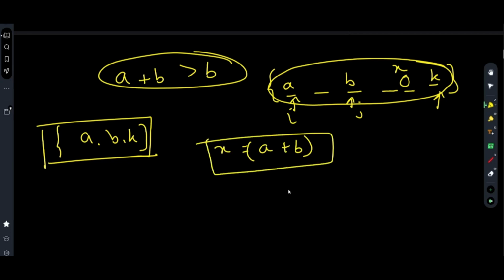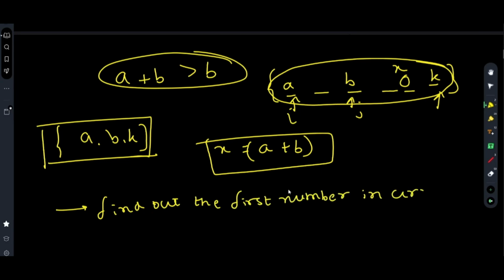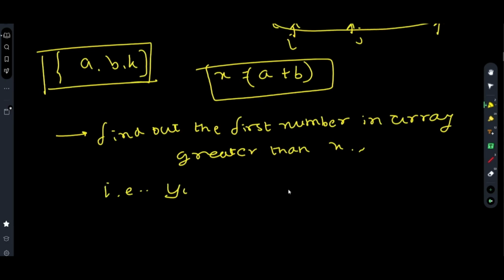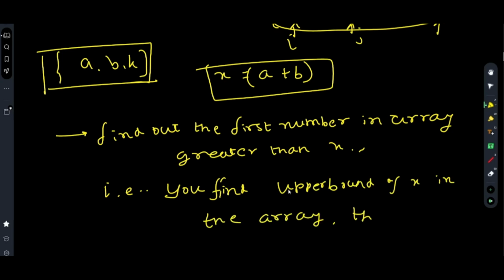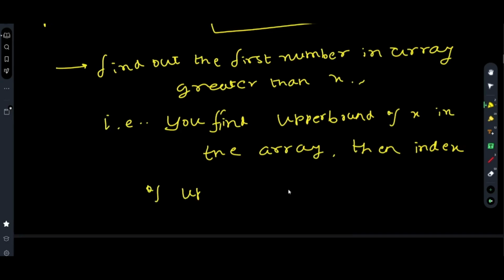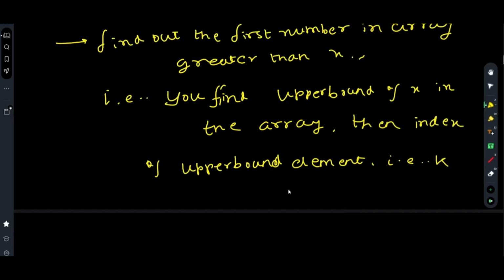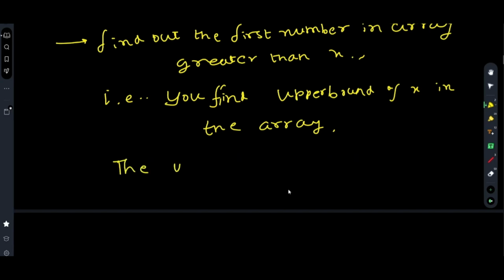So if you find the first number in the array greater than X, that is, you find the upper bound of X in the array, then the index of the upper bound element, let's say it is K, can provide, okay, let's say you find the upper bound of X. I'll explain this particular thing slowly. The upper bound index is, let's say, K.